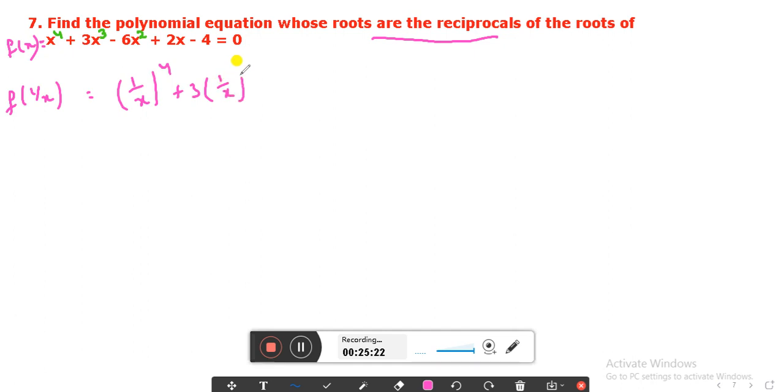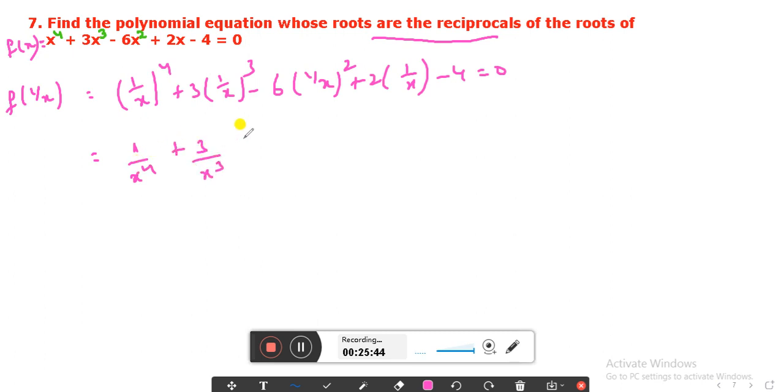So 1 by x power of 4 plus 3 of 1 by x cube minus 6 of 1 by x whole square plus 2 of 1 by x minus 4 equals 0. Just it is a reciprocal. We are taking 1 power of 4, which is 1 only, so 1 by x power of 4 plus 3 by x cube minus 6 by x square plus 2 by x minus 4 equals 0.